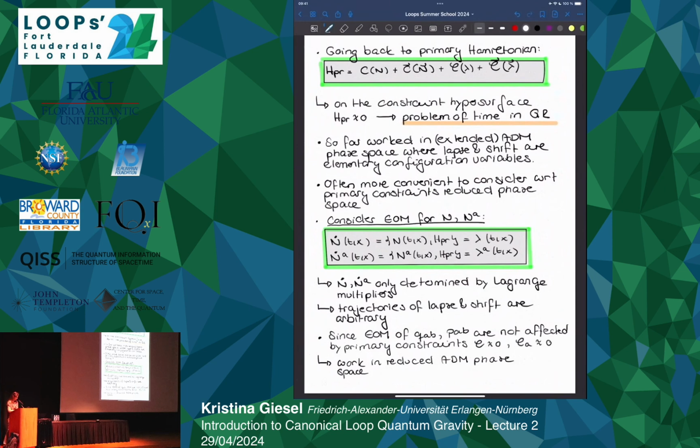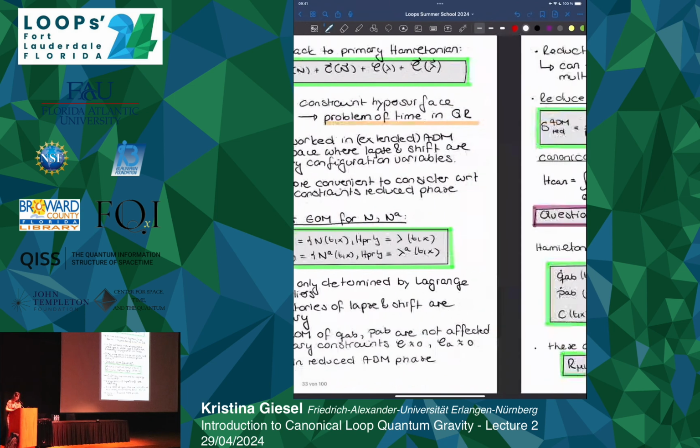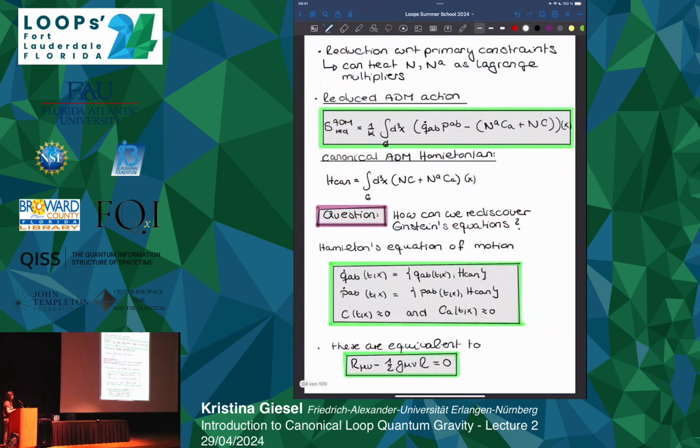And therefore, if we reduce with respect to the primary constraints, we can work with this reduced action where only QAB and PAB are our elementary phase space variables, and we can treat NA and N as Lagrange multipliers in this reduced phase space. So by fixing N and NA, we still determine the slicing that we want to consider, but the difference is that these are no longer phase space variables, but really Lagrange multipliers.